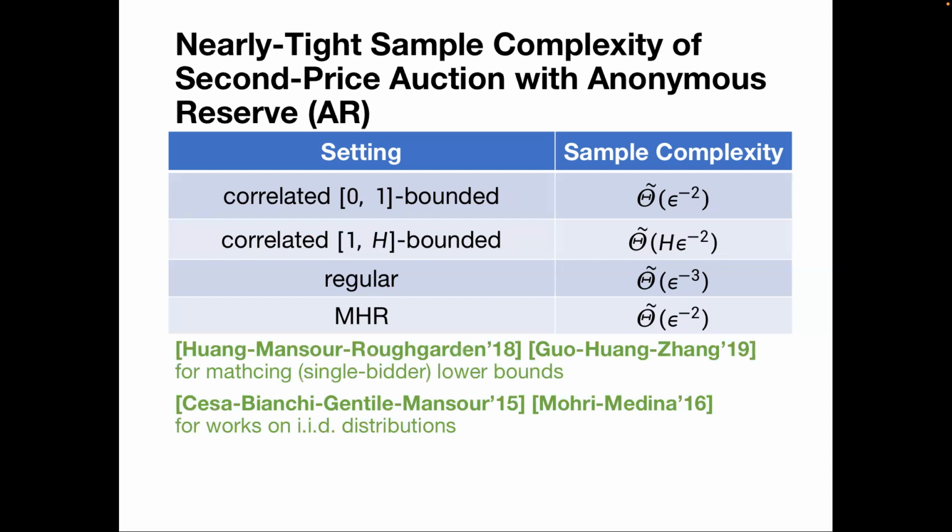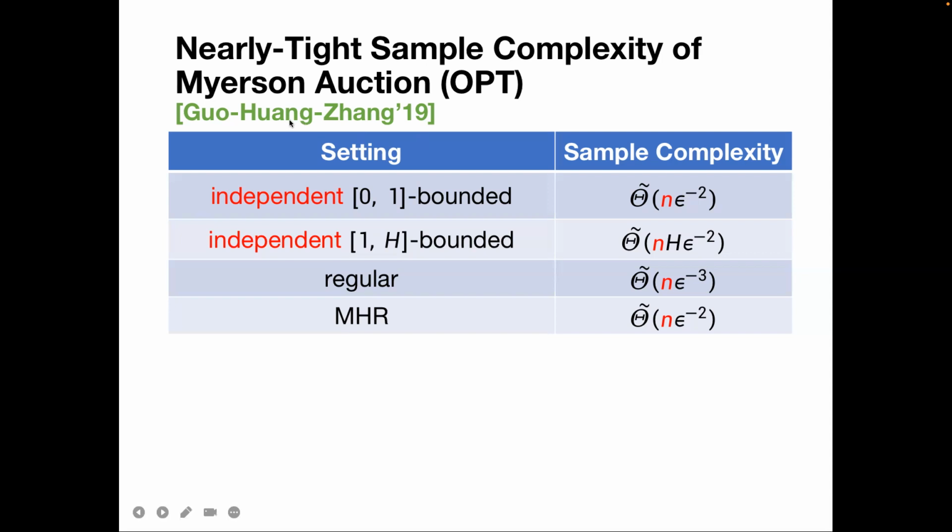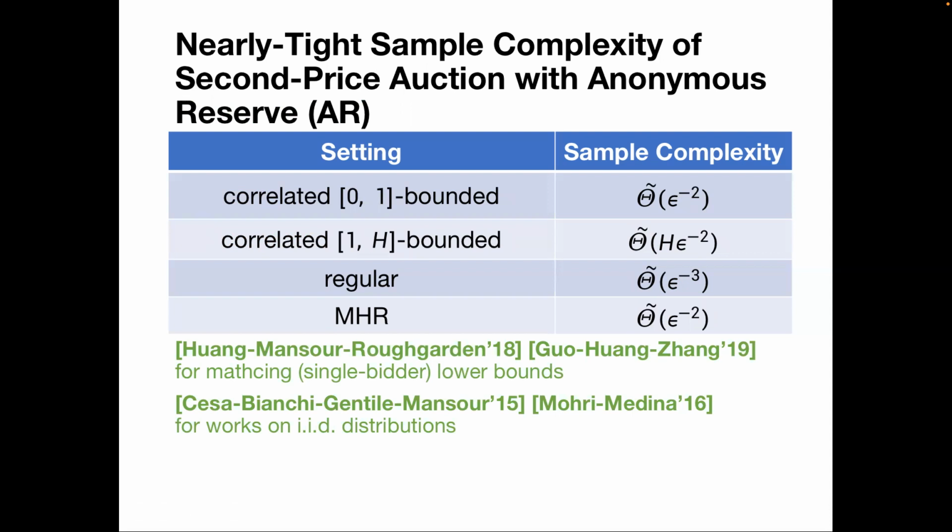And in our work, we adopt the technical framework of the work by Guo, Huang, and Zhang to second price auction with anonymous reserve and obtain the nearly tight sample complexity in each of these four settings.